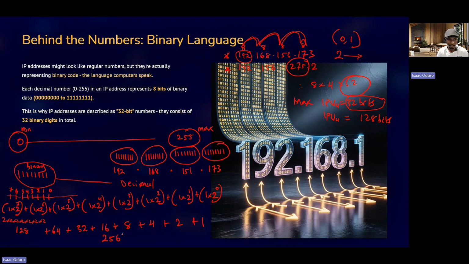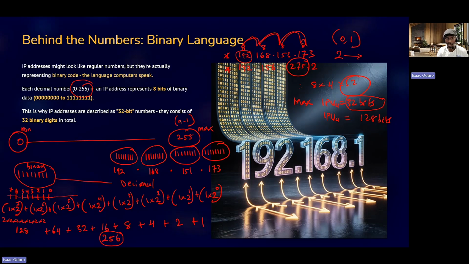256. But we are having 255. Why do we get 2 exponent 8 minus 1? The maximum part of the IP address is always 2 to the n minus 1. That is the formula.